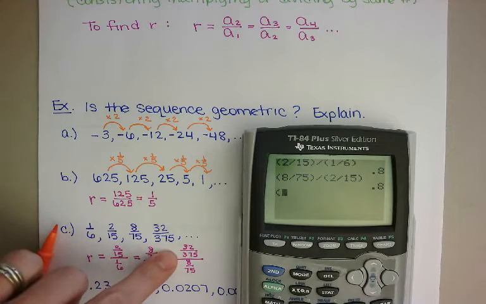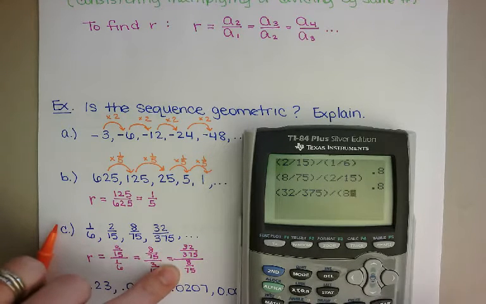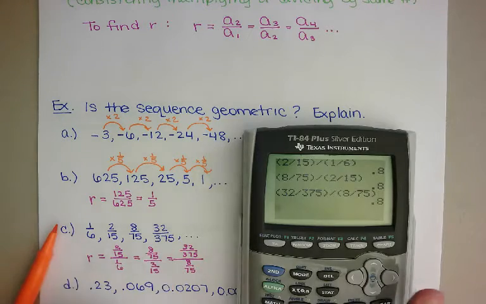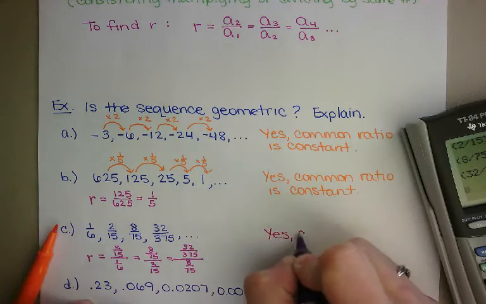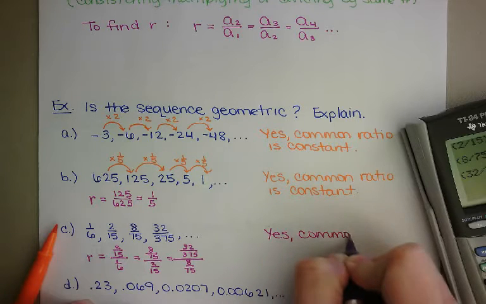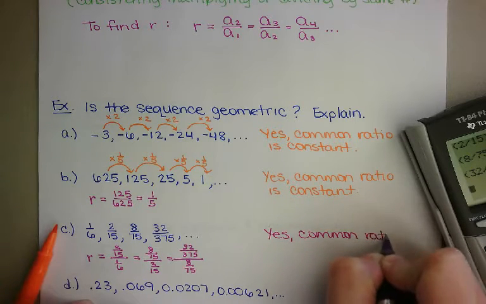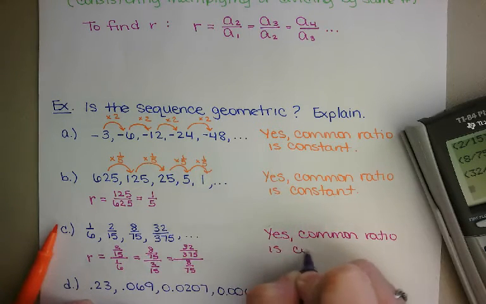That's constant, so I'm going to check the last one. And yep, all right, so we do have a geometric sequence. It has a common ratio that is constant.